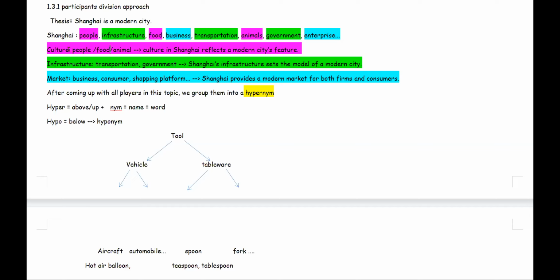So within this big family called culture, I can talk about people's belief system. I can talk about the food culture. I can talk about the leisure, entertainment. That's all culture, right? So as long as I can prove that culture in Shanghai reflects a modern city's feature, check. That's my first argument, because this argument supports my thesis, Shanghai is a modern city, right?